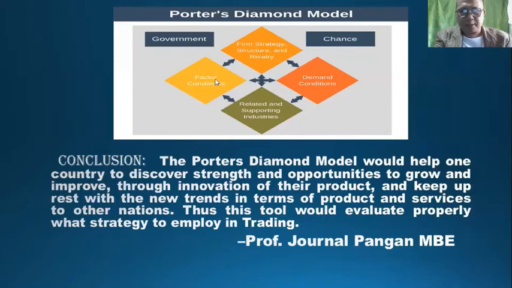Kung nakikita natin yung factor conditions kanina, number 1, human resources and capital resources. Number 2, human resources like Philippines, ang government nag-intervene yan. Anong ginagawa po, meron tayong tinatawag na OWWA, meron tayong tinatawag na DFA.